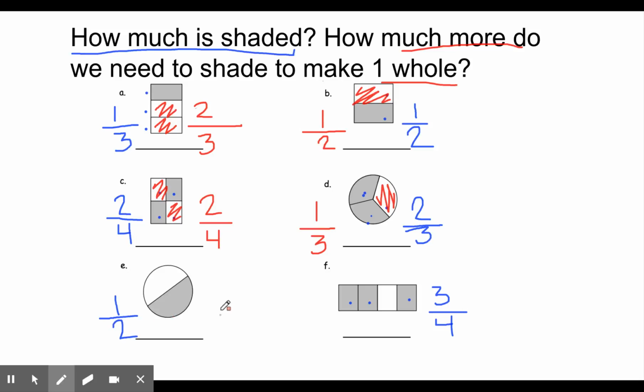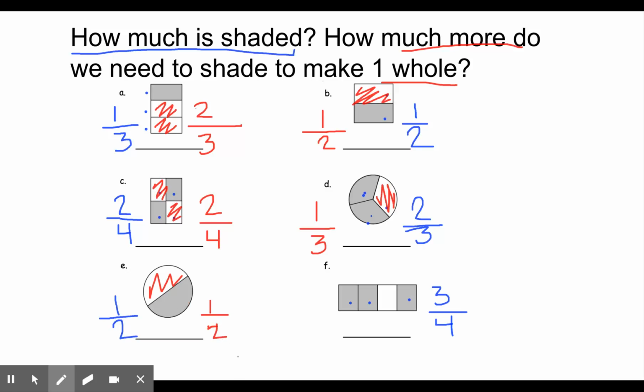What plus this 1/2 would equal 1 whole? 1/2. Now, if you still aren't sure, you can always shade it in. How many parts did you shade in? You shaded in 1. How many parts is it divided into? It's divided into 2.